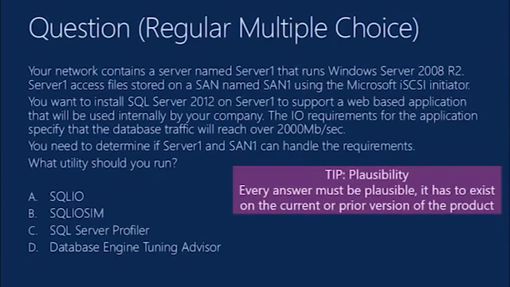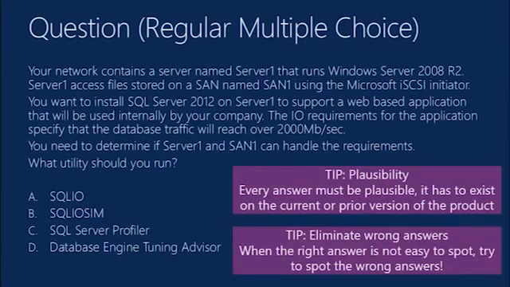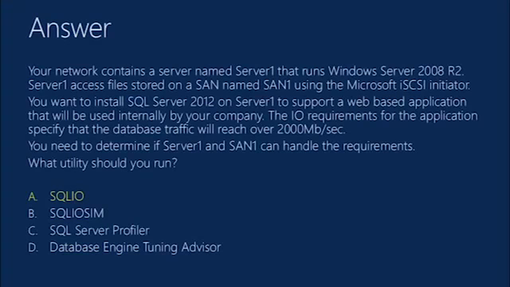I find that extremely helpful whenever I'm working my way through different PowerShell cmdlets or switches or other things on the exam, knowing that it has to exist. That can also sometimes help when you're trying to figure out which are the wrong answers. Go with the one that actually has the name of whatever it is you're trying to do. Sure, like you said, I/O. And then the other thing, just like you saw Susan do, eliminate the wrong answers. Absolutely. It's a great strategy, even if you're not 100% sure of the answer.